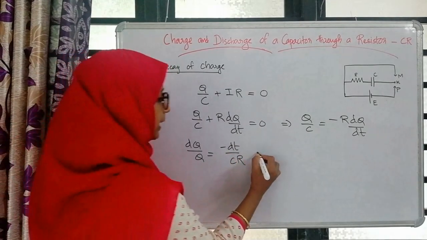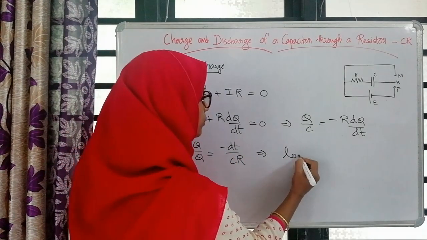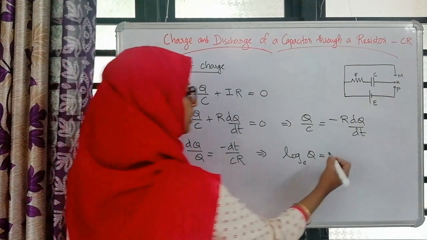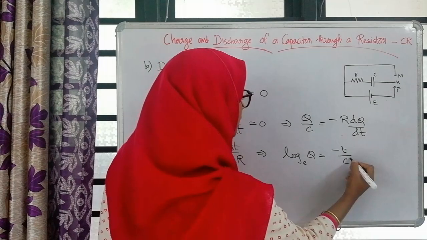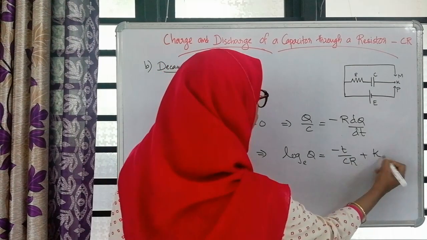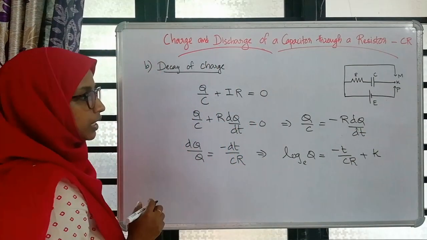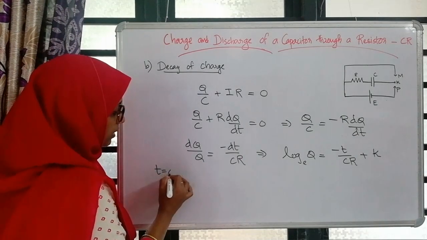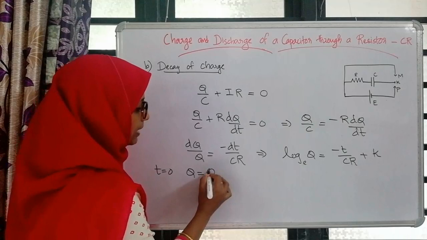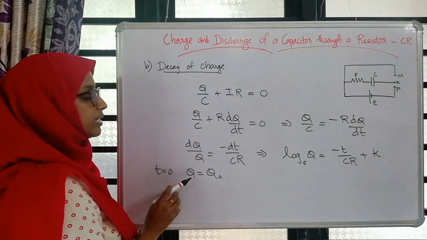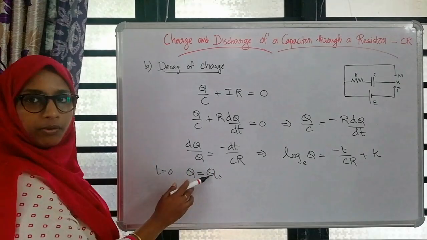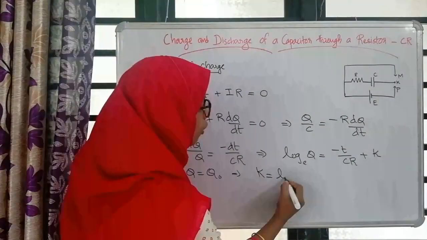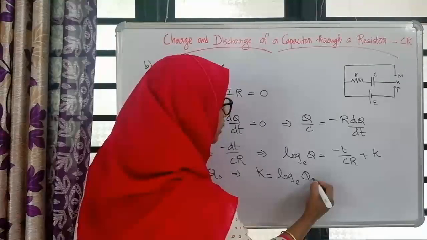Well, after integrating, we can write log to the base e Q is equal to minus t by CR plus an integration constant K. That is, when t is equal to 0, Q will be having the maximum charge Q0, that is, it is going to discharge from the maximum value, which implies K will be having log to the base e Q0.